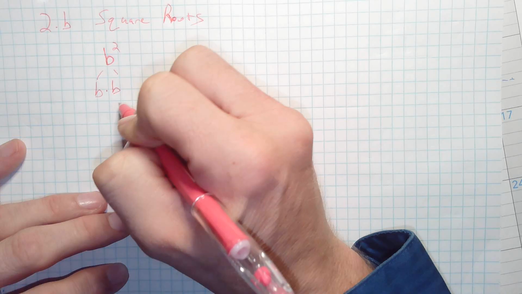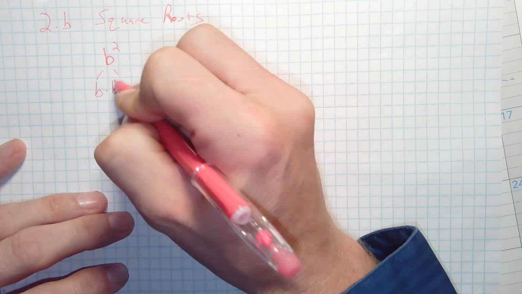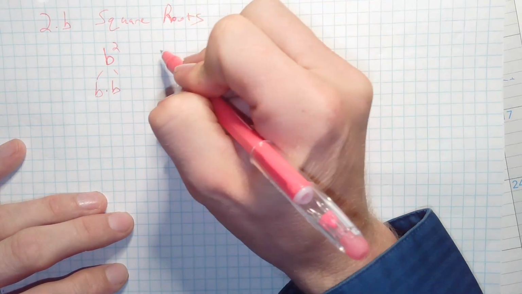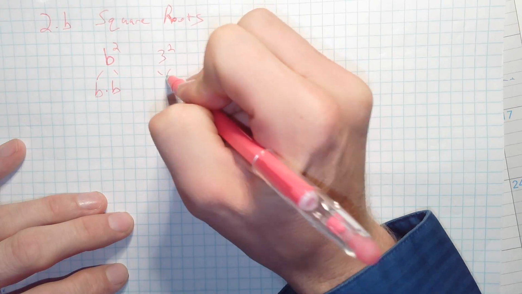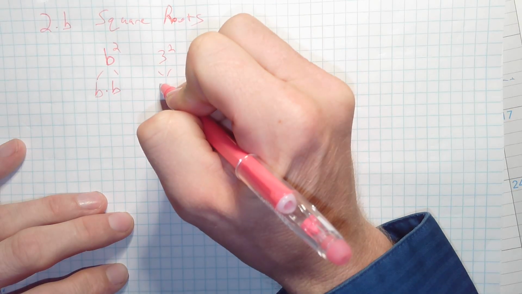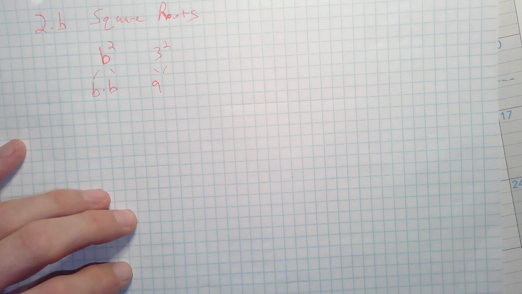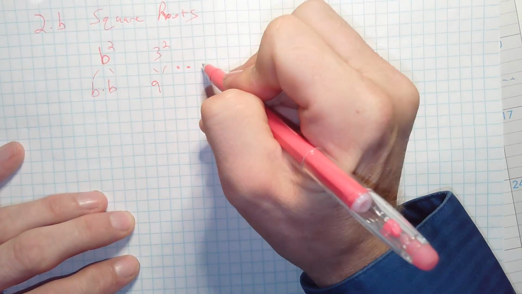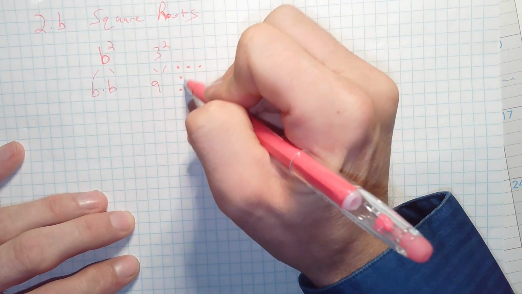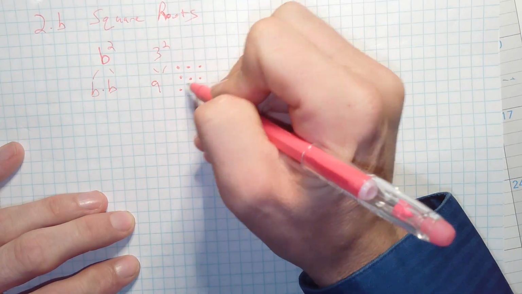This would be just like b squared. Say that was like 3 squared, it would be 9, because 3 times 3 is 9. Be like 3 rows of 3, 9.